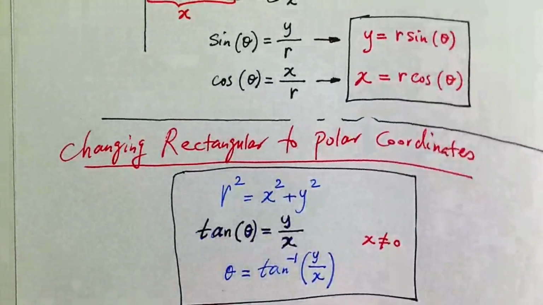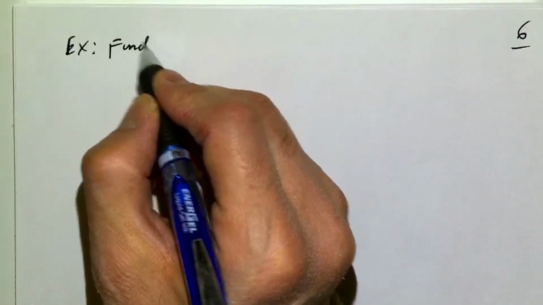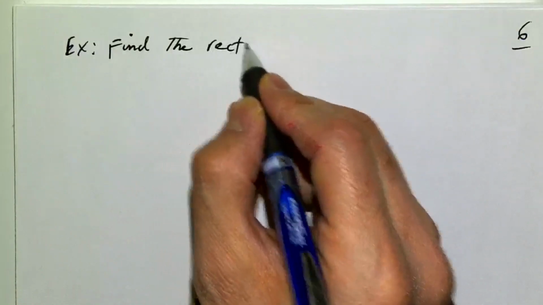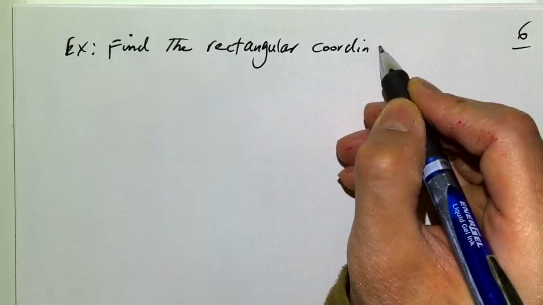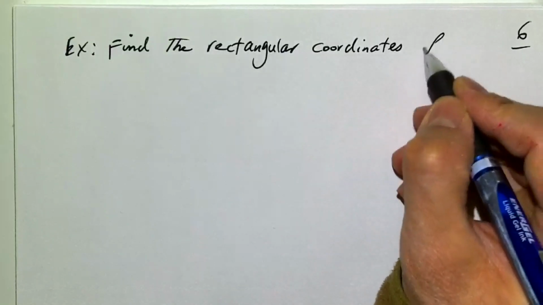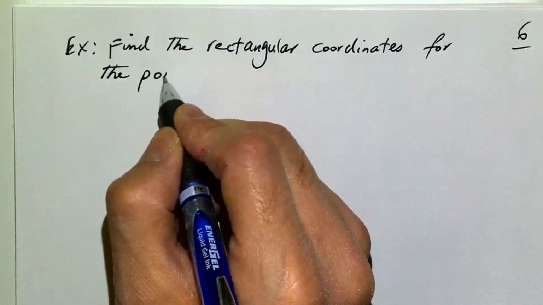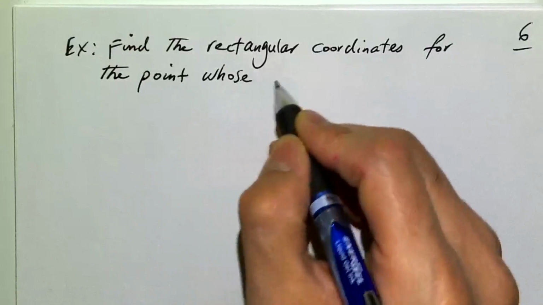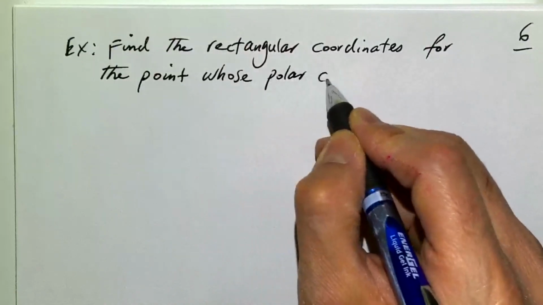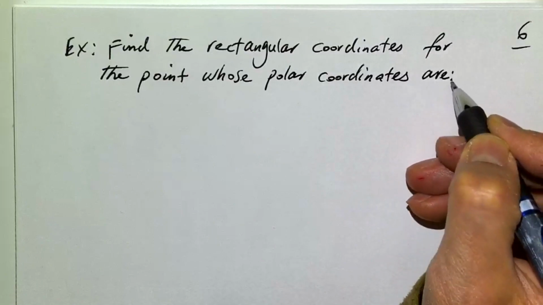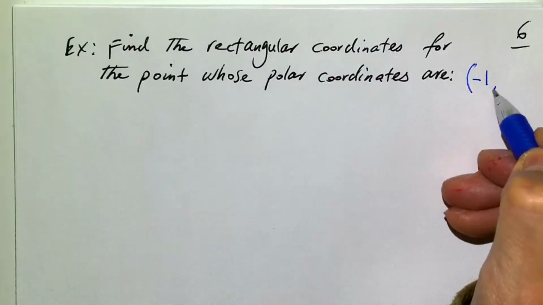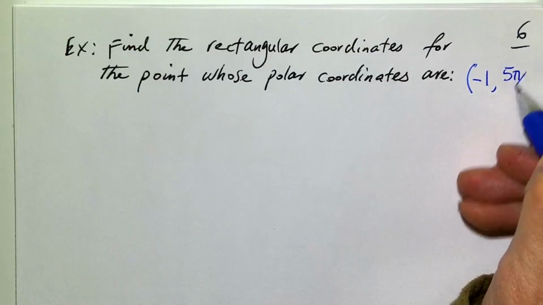Okay, so let's do some examples then. So suppose we want to find the rectangular coordinates whose polar coordinates are -1 comma 5 pi over 2.